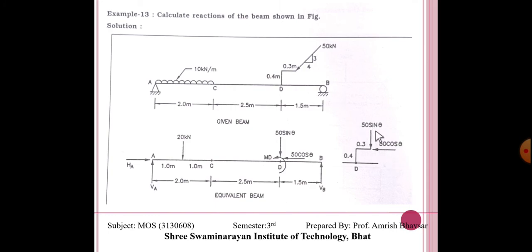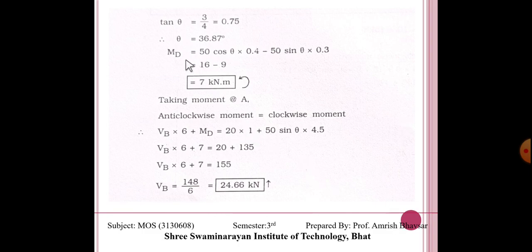Now these two forces are acting at point D, but due to this force we will get some moment: 5 cos theta into 0.4 anticlockwise plus 5 sin theta into 0.3. So we will get the moment at D, and other things remain the same as the previous example. So the moment at D is 7 kilonewton meter, that is anticlockwise.